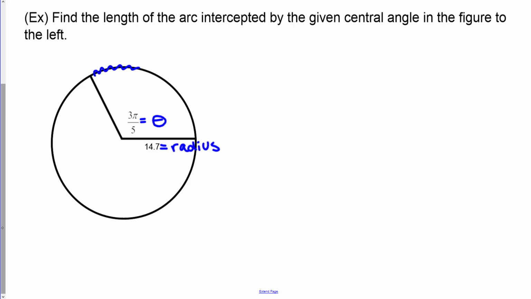What we're attempting to come up with is this distance here, which is s, the arc length that's intercepted of the circle. We're told that we can calculate this by taking the radius of the circle times the angle measure theta. So the radius of the circle is 14.7, and angle measure theta is 3 pi over 5.